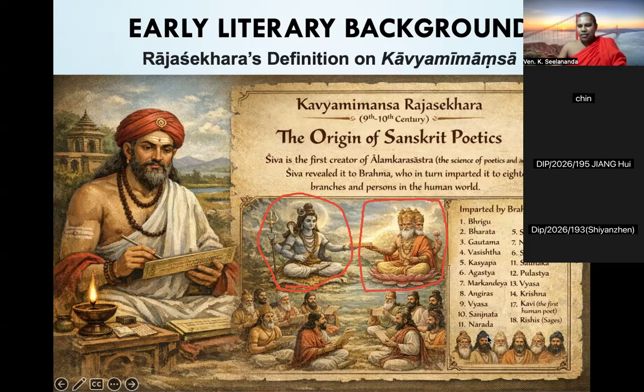Some names among these 18 branches are very famous, like Bharata, Agastya, Vyasa, Narada. These are somewhat famous in Sanskrit poetics. Therefore, we cannot refuse all of these names, but some names are famous in Sanskrit poetics.